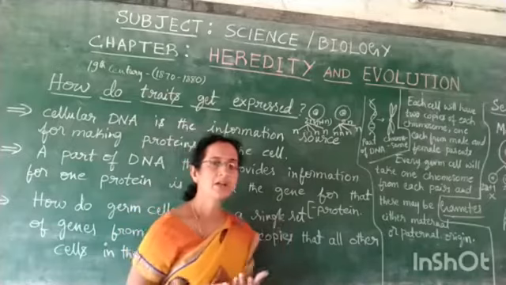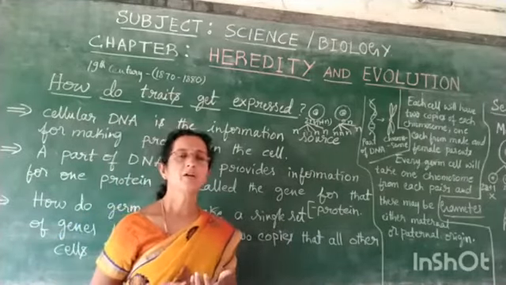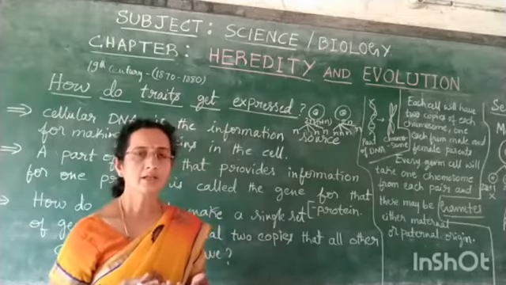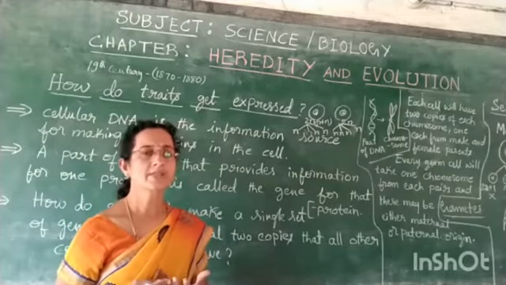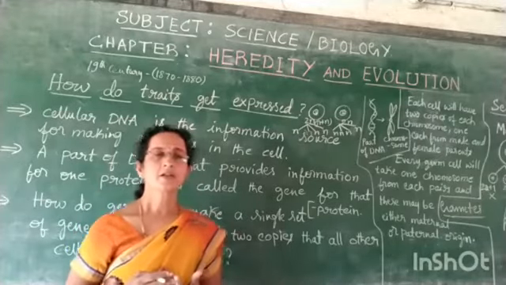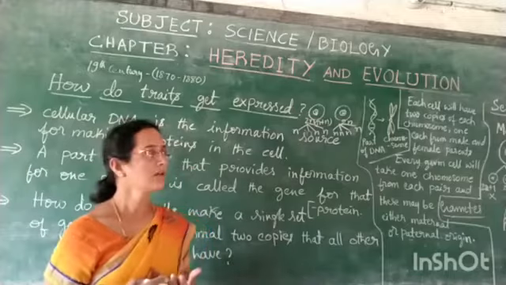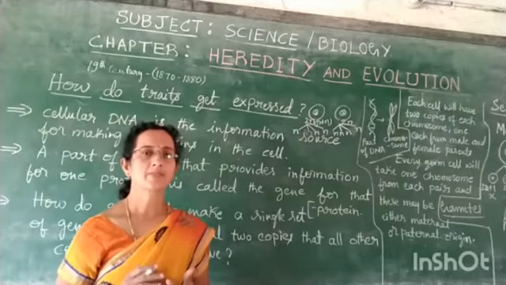So by the knowledge of Mendel's experiment, we confirm that all the characters of the organisms are determined by the genes. On the basis of this, we are learning another concept, that is sex determination in human beings.